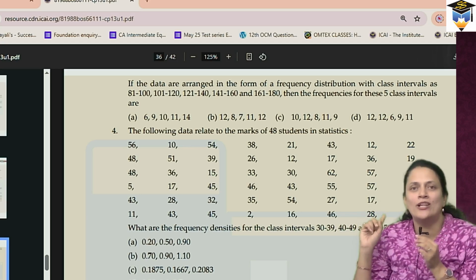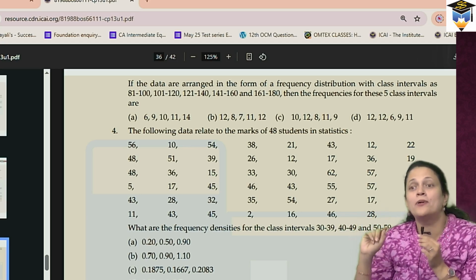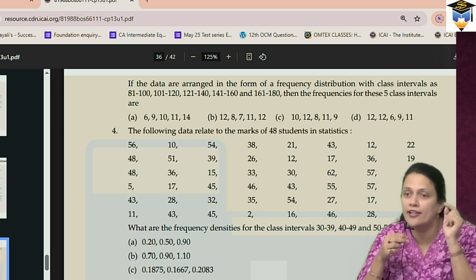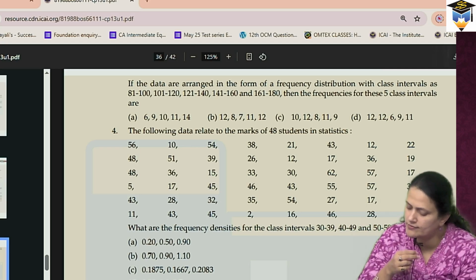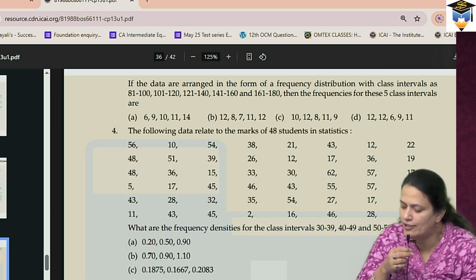Tell me, will it be per 100 or will it be per 10? How is density calculated? It is given in the textbook. Per 100 calculate होणार का पर?